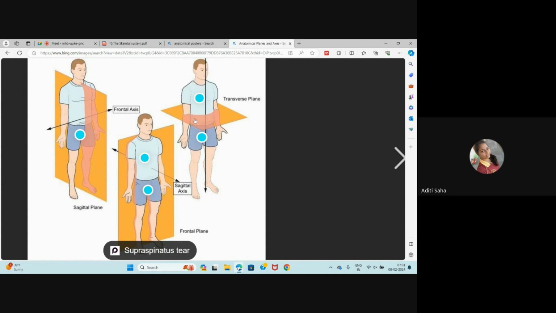So you got the concept of the three planes. Yes, ma'am. Okay. And medial and lateral, and one more concept, that is ventral and dorsal. Let me search that also.